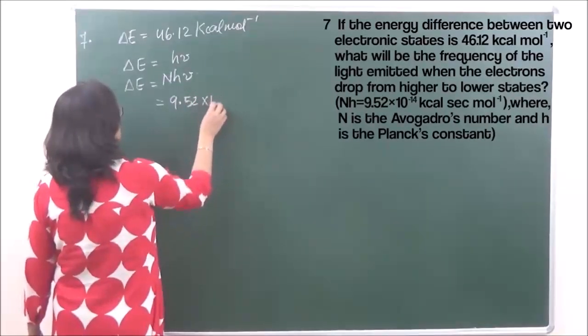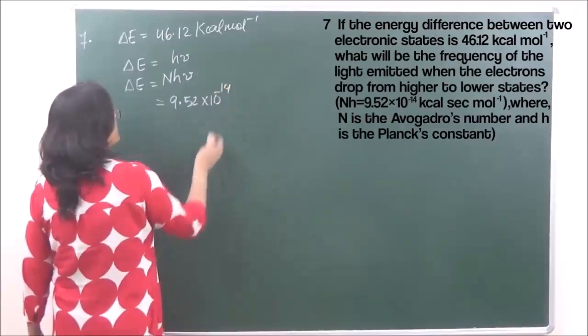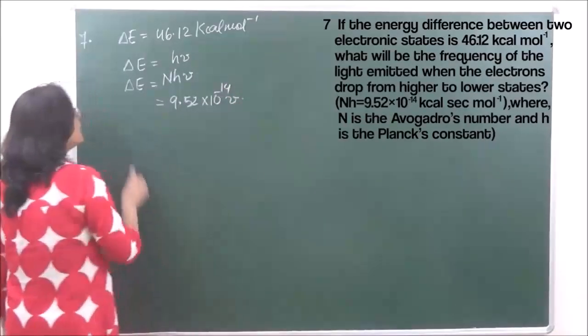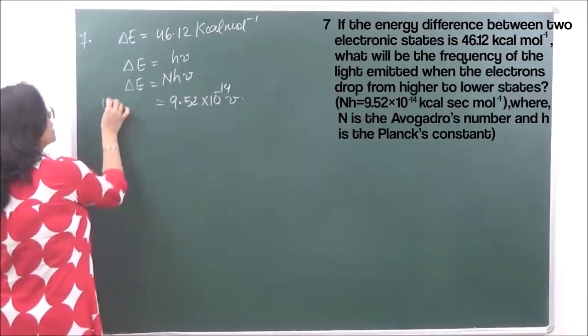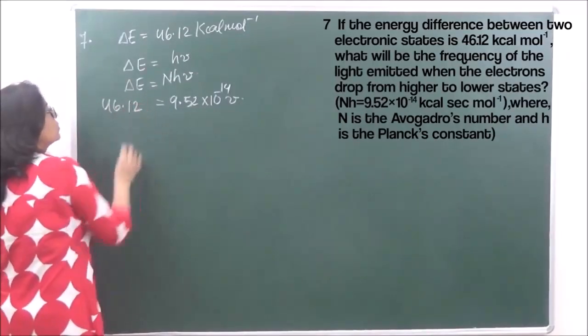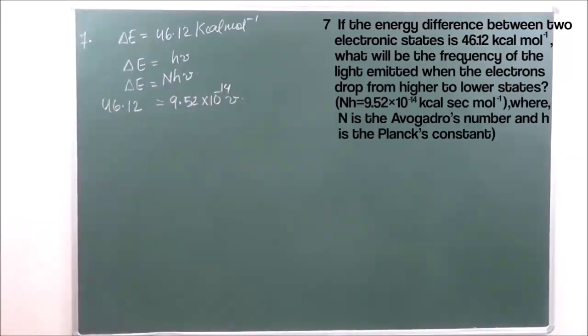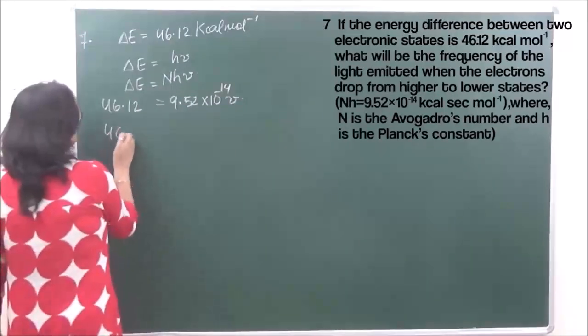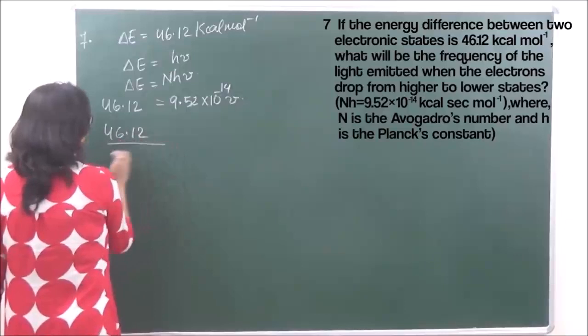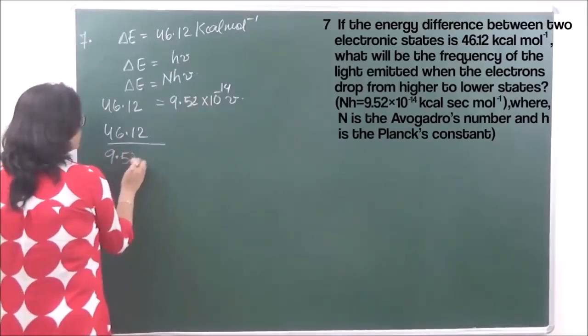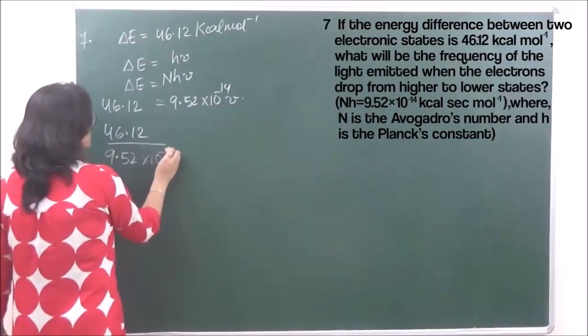So 9.52 into 10 raised to power minus 14 nu, and the value of delta E is 46.12. Now you have to calculate the value of nu, so nu will become equal to 46.12 divided by 9.52 into 10 raised to power minus 14.